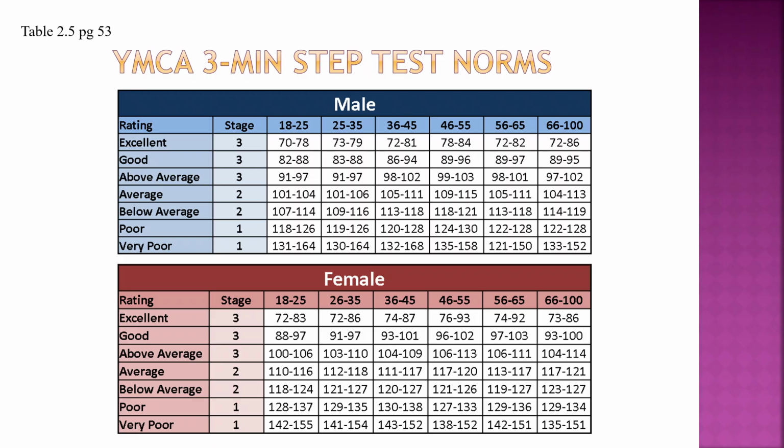Someone who's in excellent cardiovascular shape will do the 3-minute step test at that cadence. You have them sit down, and if you look at an 18-year-old male, their heart rates are back to 70, 78 at the recovery heart rate. That means the heart is so awesome that it can recover very quickly.